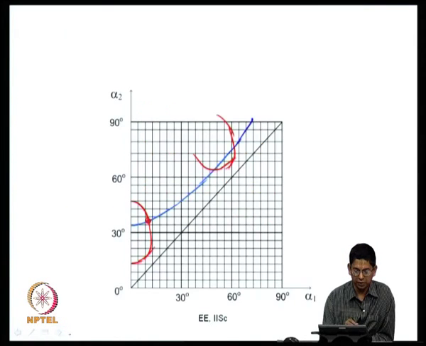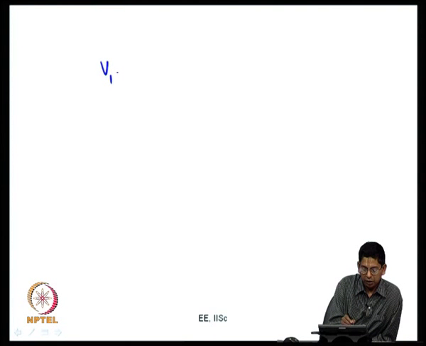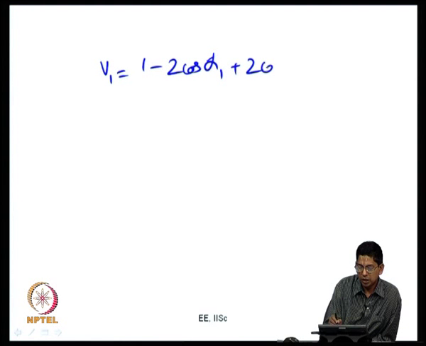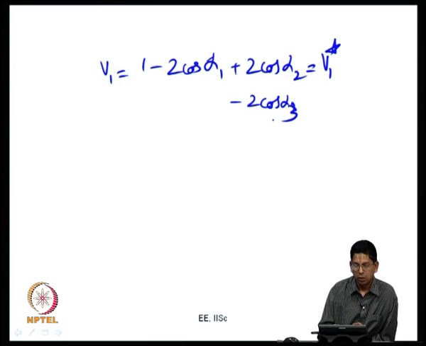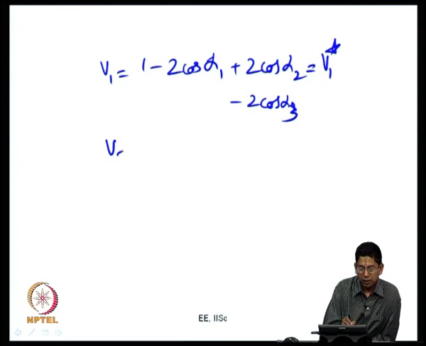So, now let me say I have V1 is 1 minus 2 cos alpha 1 plus 2 cos alpha 2 plus 2 cos alpha 3 is equal to V1 star. This is my desired voltage. So, I can have V5 is equal to 0 as another equation.